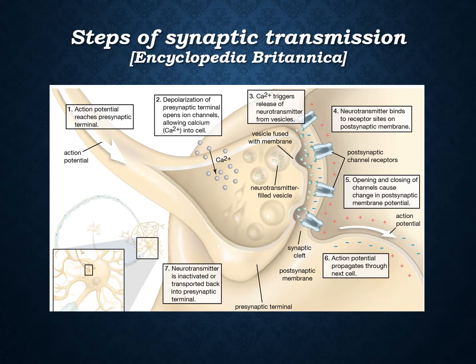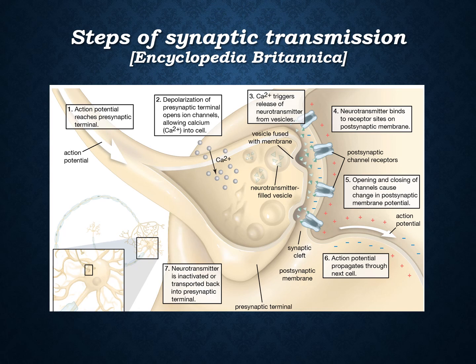So these are the steps of synaptic transmission, and the diagram is taken from the Encyclopedia Britannica. Here in this presentation, we are covering the process which takes place after neurotransmitter has been released from the presynaptic neuron. In the first point, it is mentioned that the action potential reaches the presynaptic terminal. Secondly, depolarization of the presynaptic terminal opens ion channels, allowing calcium into the cell.